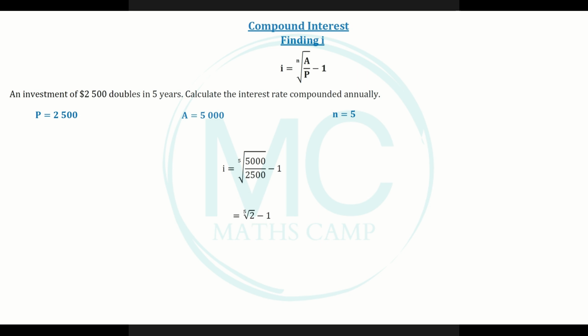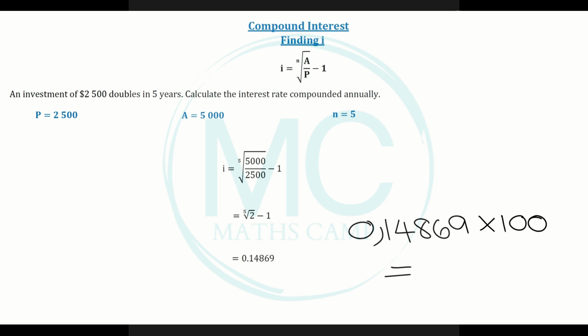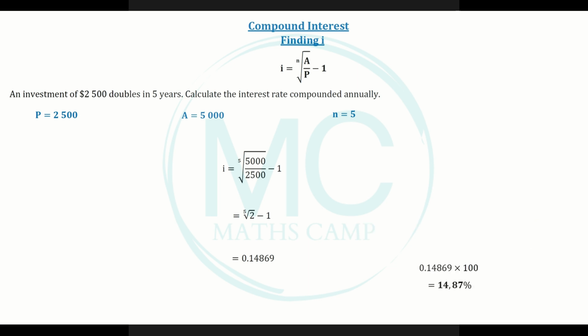Now in our calculators, we can put in 2 root 5 minus 1, and we get 0,14869 and so on. This is our i value. And now finally, we can find our interest rate. So we say 0,14869 multiplied by 100, we get an answer of 14,87% rounded off to 2 decimal places.